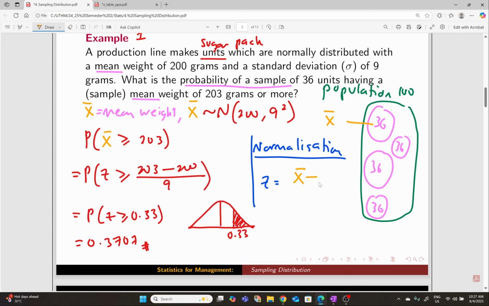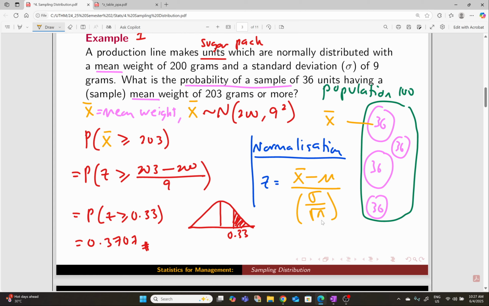Mean weight minus mean, still the mean, but the formula now is different. Usually it is the standard deviation, right? Now it is the standard deviation divided by the square root of n. n is the sample size.